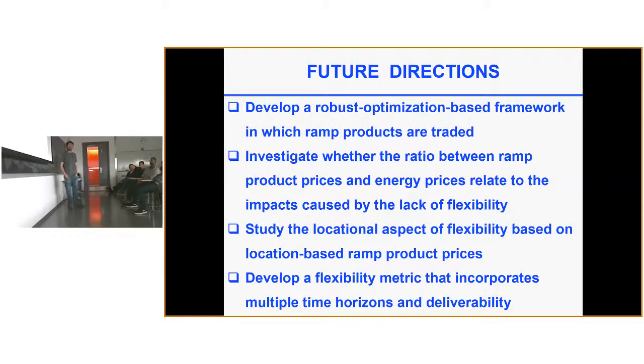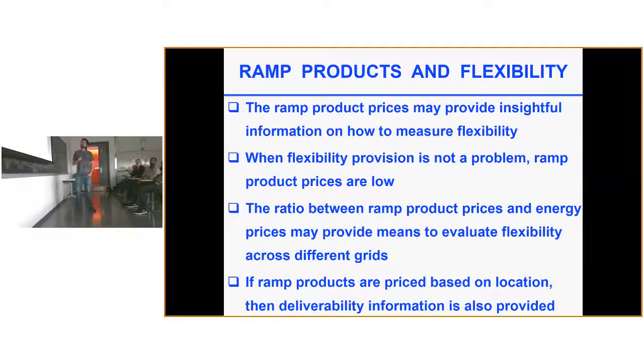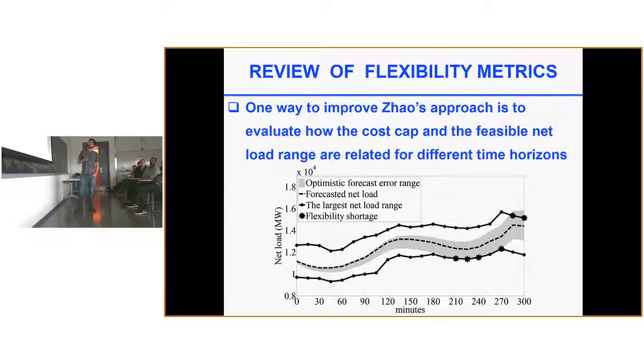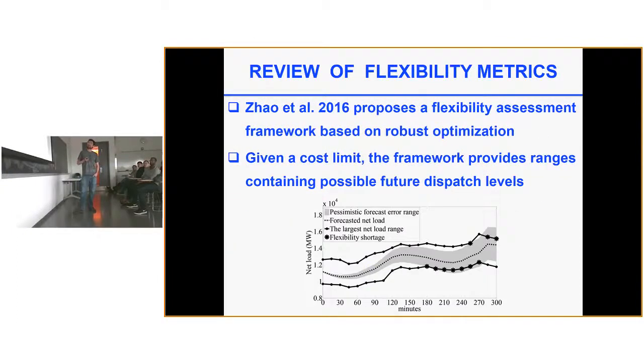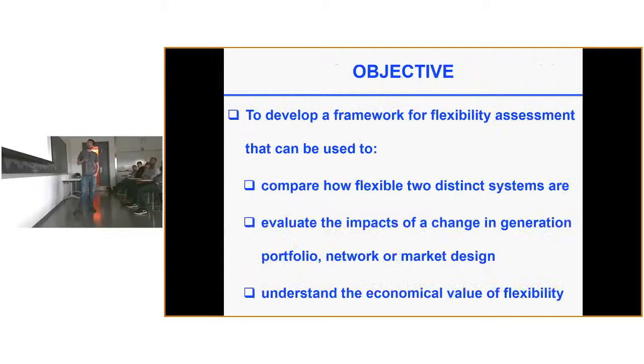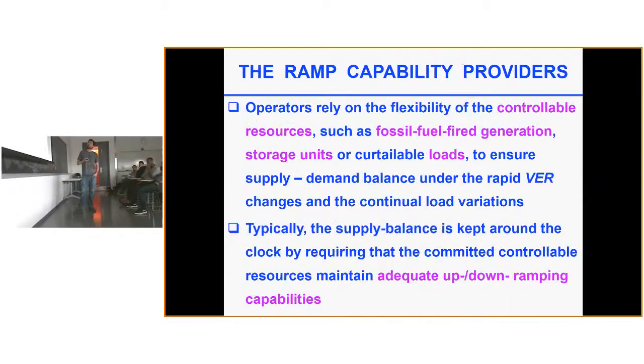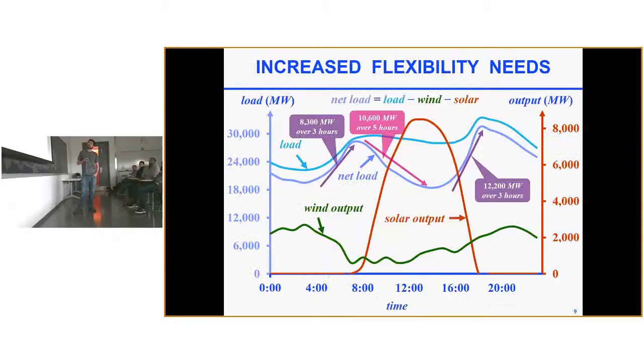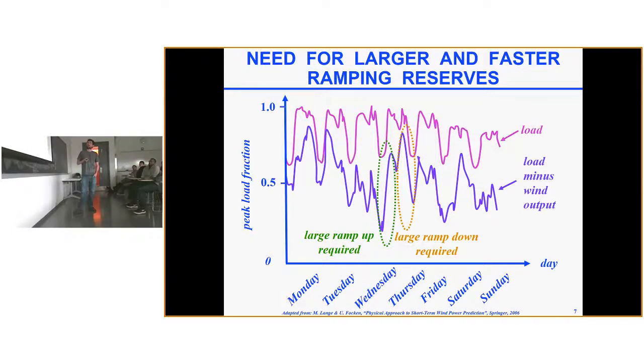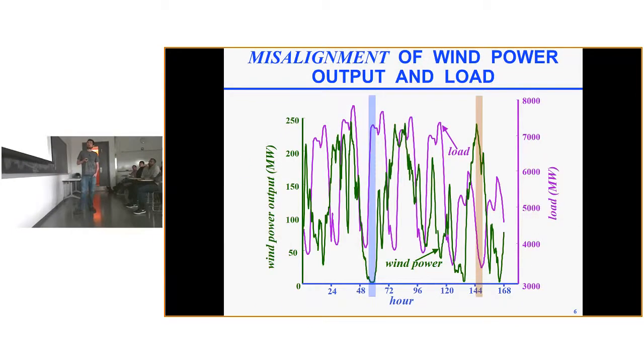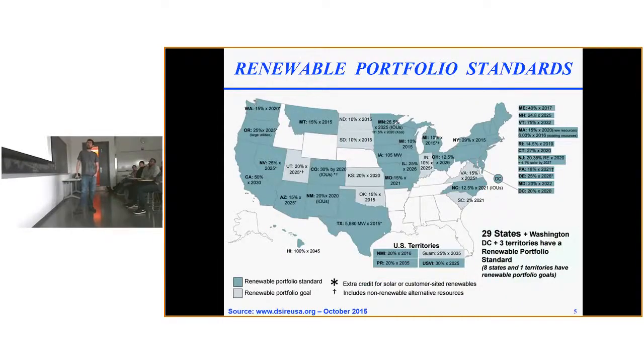I noticed the map at the beginning had Hawaii as 100% renewable by 2045, I think. Does that include nuclear, or do they get to decide whether nuclear is renewable or not? I'm not aware of anyone considering nuclear renewable.